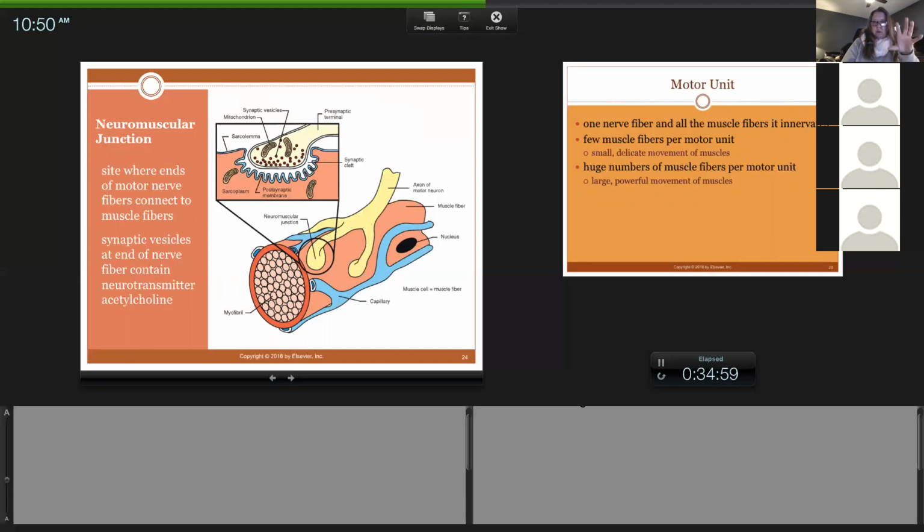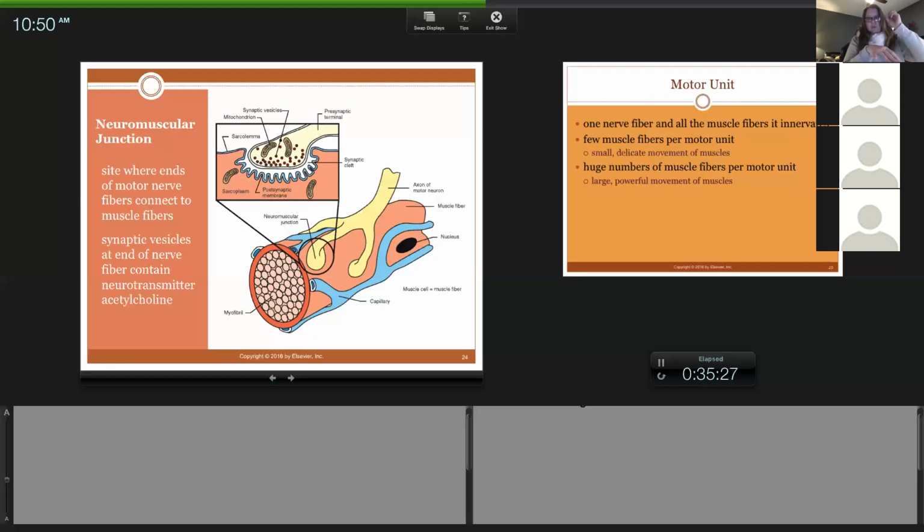All muscles are innervated, means they all have nerve supply. Remember when I talked about a nerve depolarizes, it sends a signal. Okay, me touching the stove, okay? Hot stove sends a signal to my brain says it's hot, move your hand. It sends a signal down this yellow thing right here, which is the axon of a motor nerve, okay?